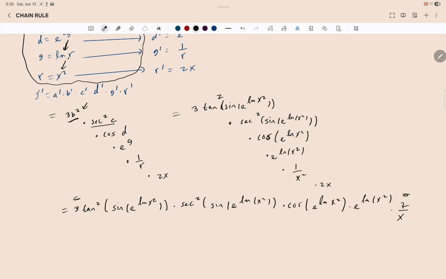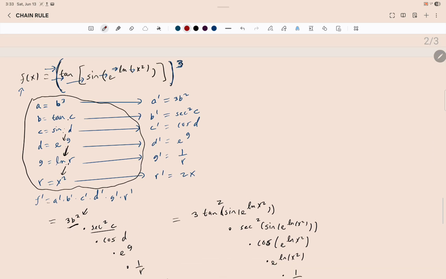And to make it a bit neater, I could just divide everything out by x. So let's do that. So I'm going to get 6 over x, and I could also cancel these out here, right? Property of logs, but let's just leave it like that. So this would be your answer for this very, very complicated function.